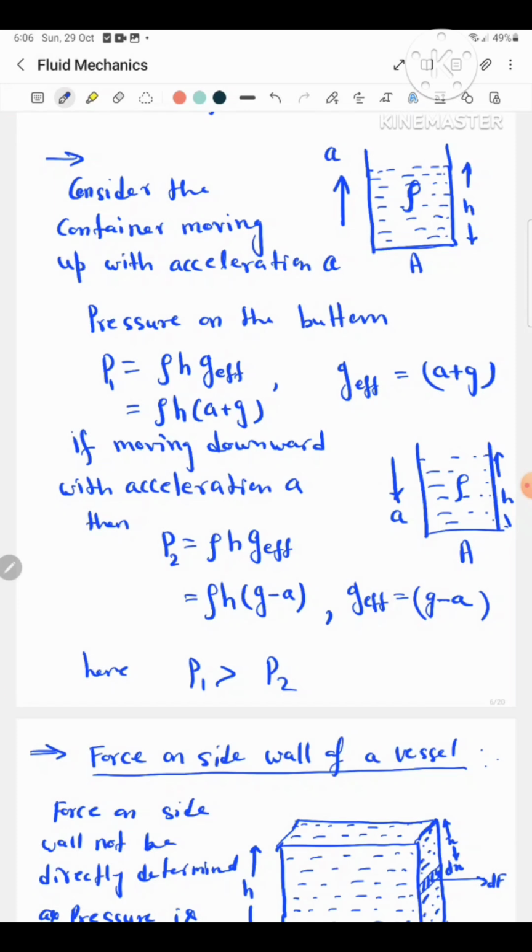Then what will be the difference of the pressures at their bottoms? P1 minus P2 is equal to rho h into (a plus g minus g plus a). That will be 2a, so rho h into 2a.